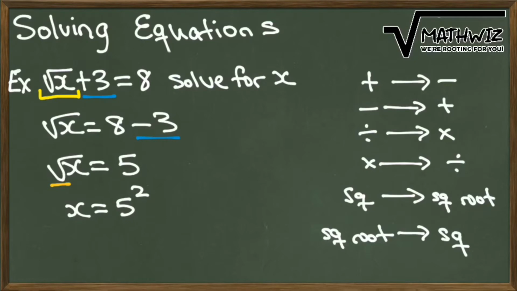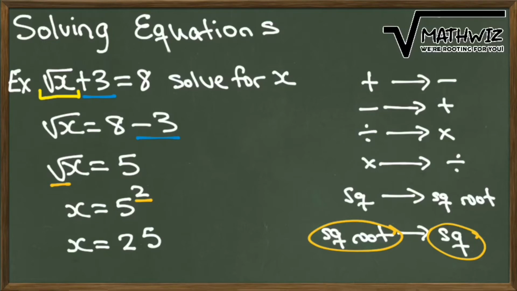If you're not comfortable with this, go ahead, watch the prerequisite video, and then you can come back and try these questions. And 5 squared means 5 multiplied by 5, not 5 times 2. So 5 squared is going to give us 25. So to get rid of the square root, you square the opposite side.